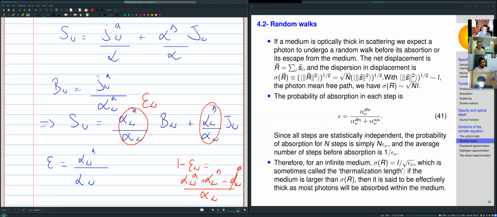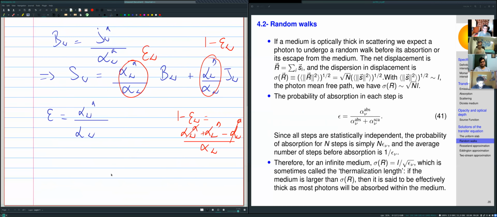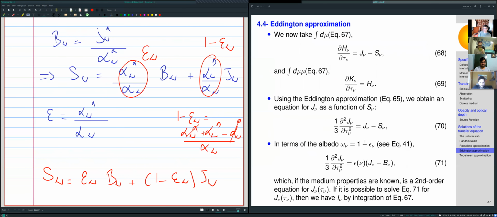So that's how we write the source function for isotropic scattering. That's the source function for isotropic scattering.